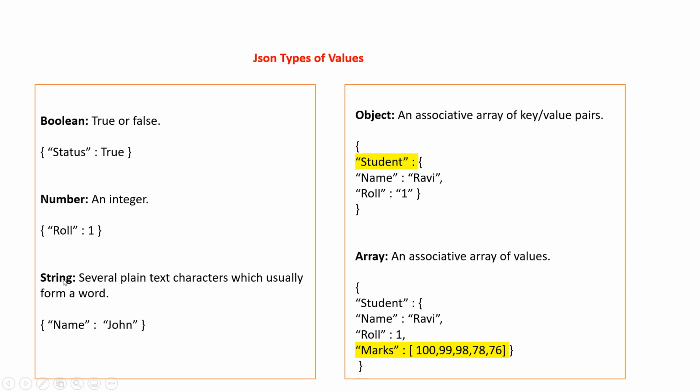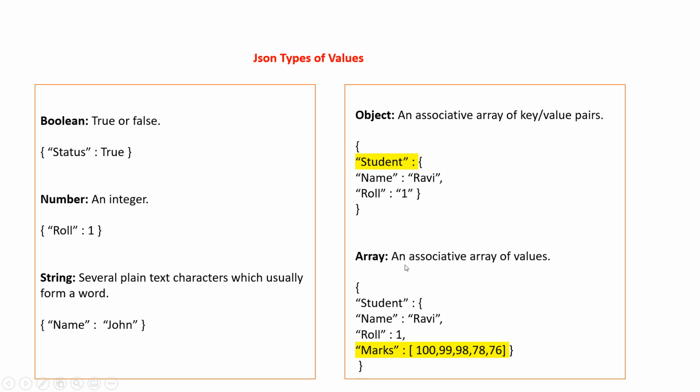For a string data type, the key will be name and the value will be John. Now object: here student is an object, and this student contains two key-value pairs, name of string type and roll of integer type.